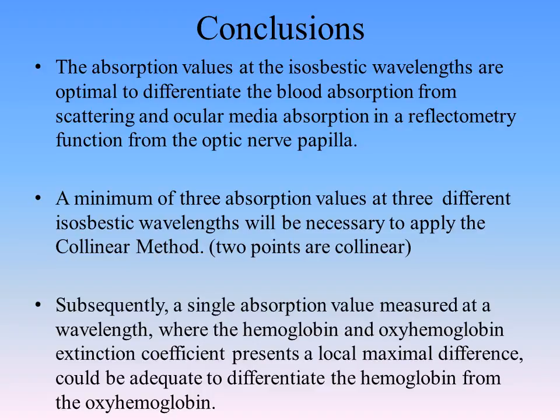Second, a single absorption value measured at the wavelength where the hemoglobin and oxyhemoglobin extinction coefficients present a local maximum difference will be adequate to differentiate hemoglobin from oxyhemoglobin. Theoretically, with 4 wavelengths, 3 isosbestic and 1 non-isosbestic, for deterministic data without noise it will be enough to compute the blood oxygenation corrected for optical eye absorption and scattering.